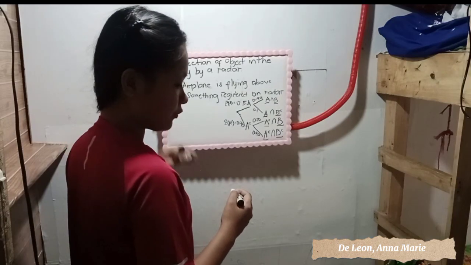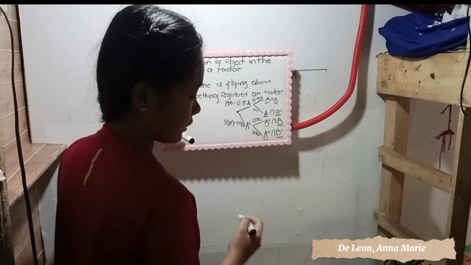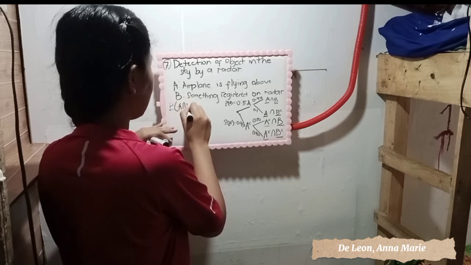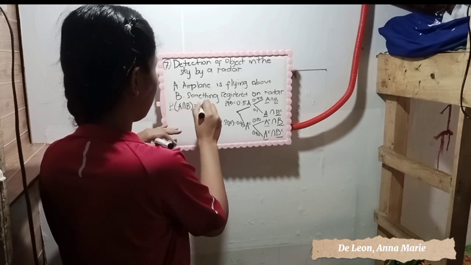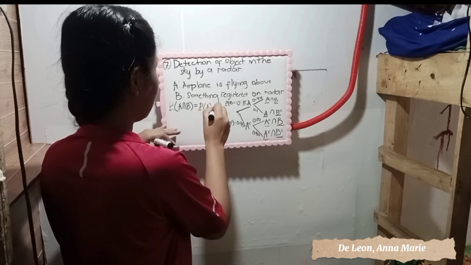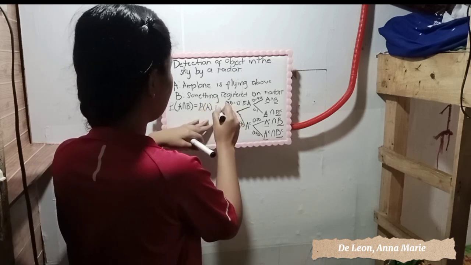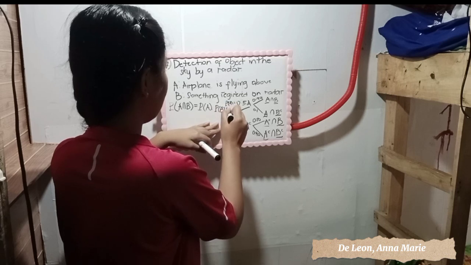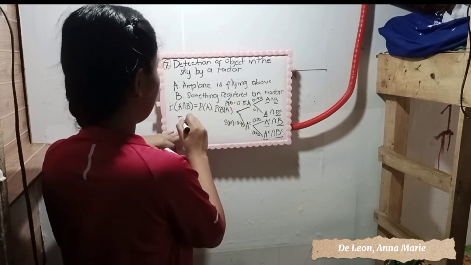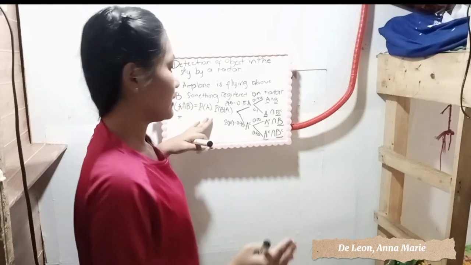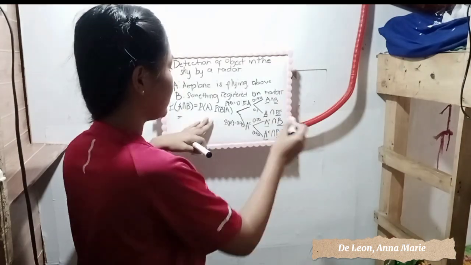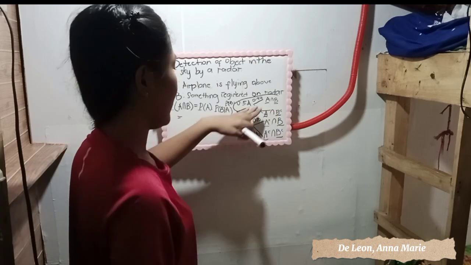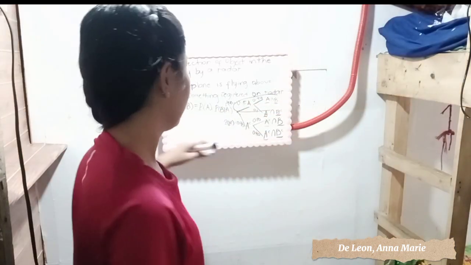And the formula in this equation is the probability of A intersection B is equal to the probability of A times the probability of B given A. To compute this, we're just going to focus on this part, the probability of A and B occur.